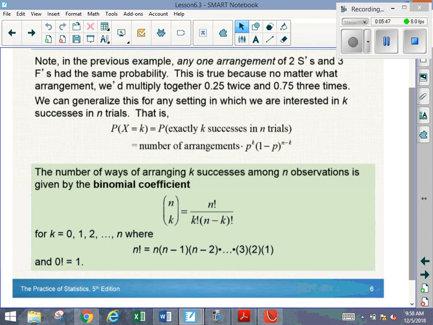So you have n total things, and you want to arrange some k pieces of them. It's referred to as a combination. There is actually a button in your calculator that will calculate the binomial coefficient. But really, for our purposes, we don't need to get too wrapped up.